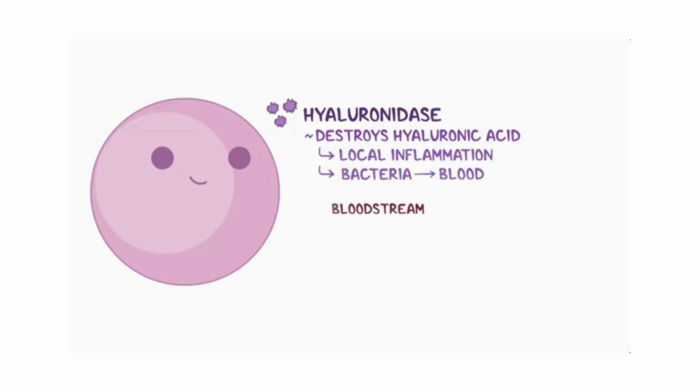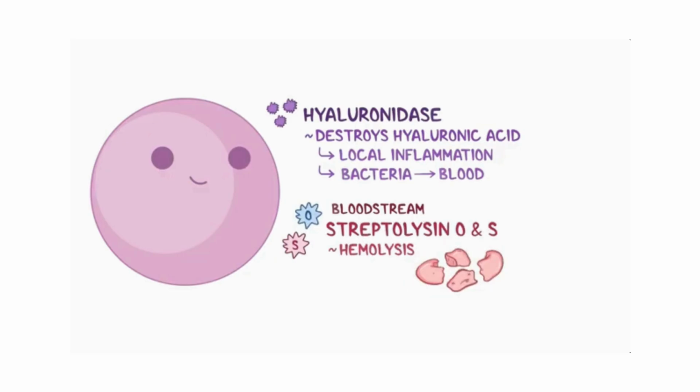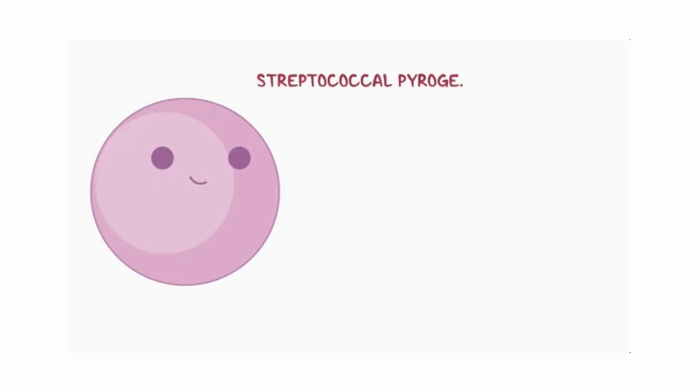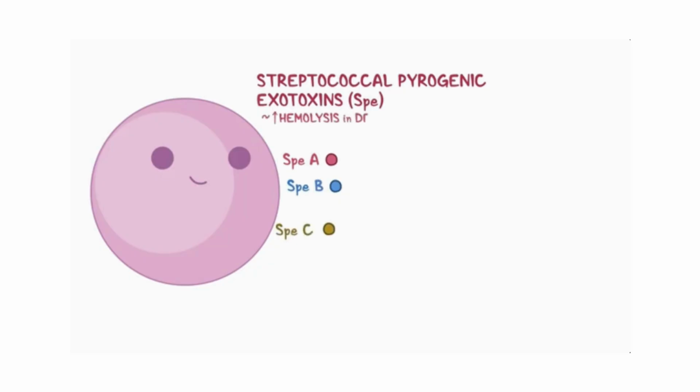In the bloodstream, strep pyogenes uses streptolysin O and S, which are toxins that cause hemolysis, or red blood cell destruction. It also uses erythrogenic toxins that are also called streptococcal pyrogenic exotoxins, or SPE for short, which come in 3 flavors: SPEA, SPEB, and SPEC. This leads to increased hemolysis in the dermal and submucosal blood capillaries.